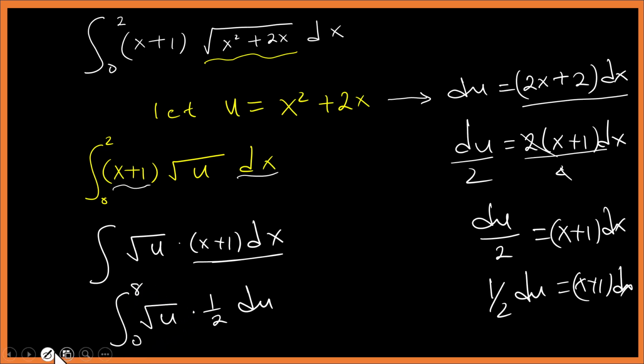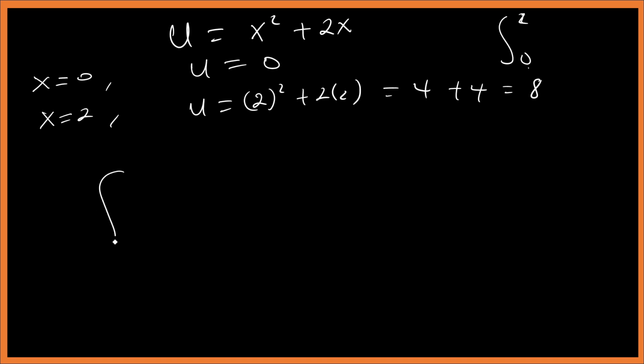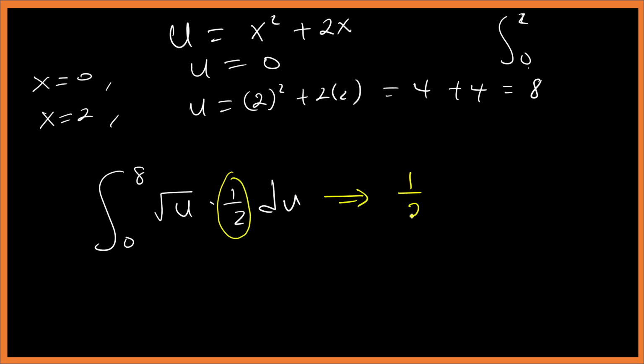So let's write this one: integral of 0 to 8 square root of u, then we have half du. All right, now from here we can bring this half out. So we have half times the integral from 0 to 8 of square root of u du.